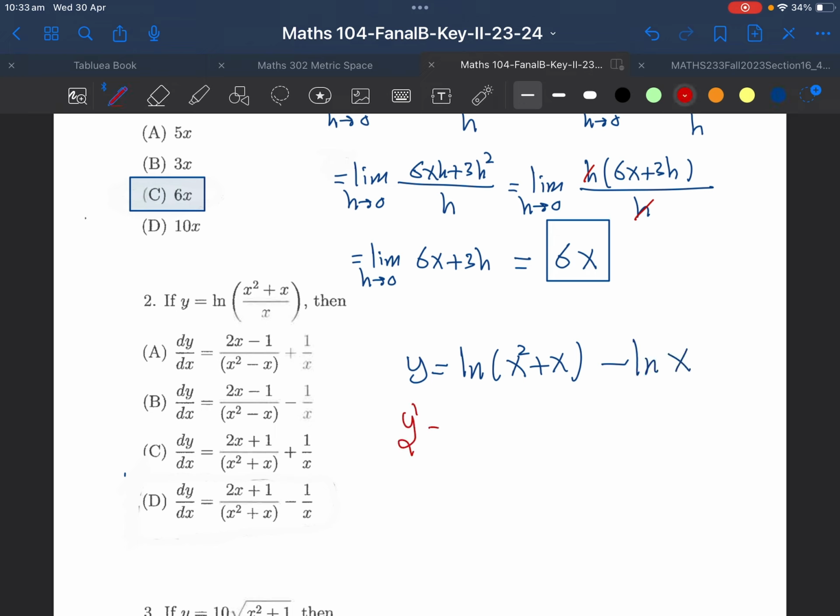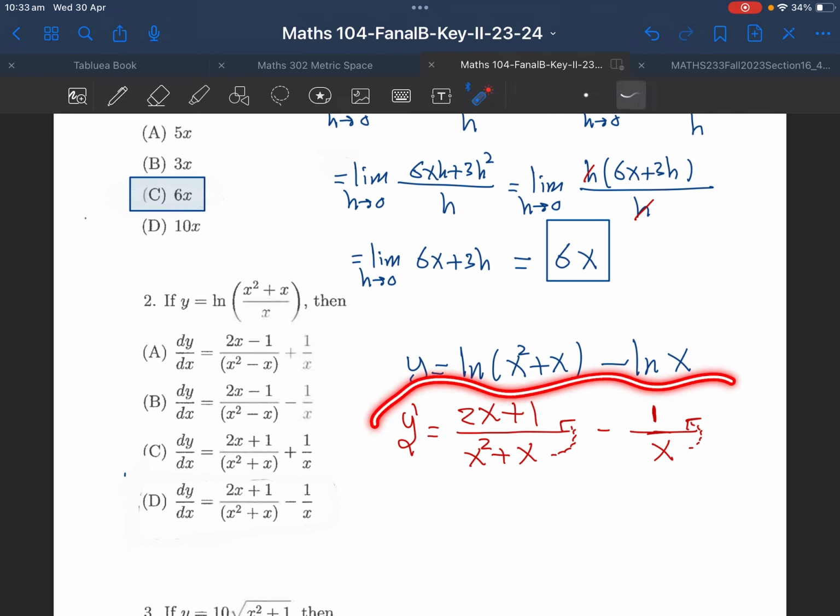And now we find the derivative of the ln. Remember, the derivative of the ln is whatever inside the ln, and then we do the derivative of the inside in the numerator. So what's the derivative of x? It's just 1. For the second part, you write whatever inside the ln, and then you do the derivative of the inside, and you write it in the numerator, which is 2x plus 1.